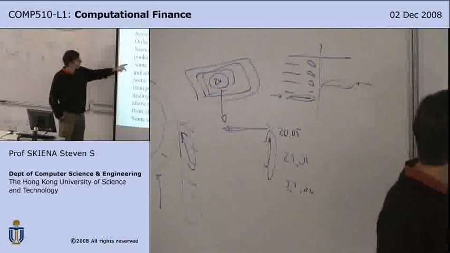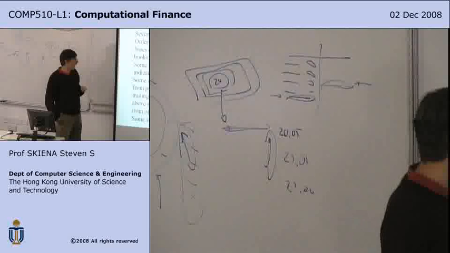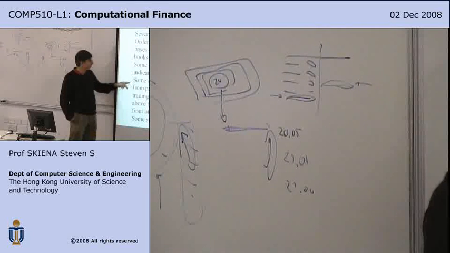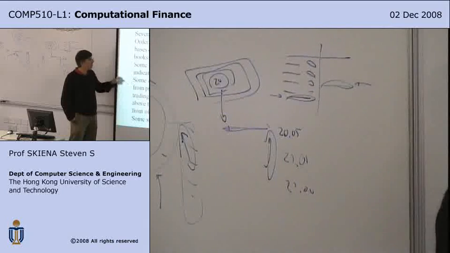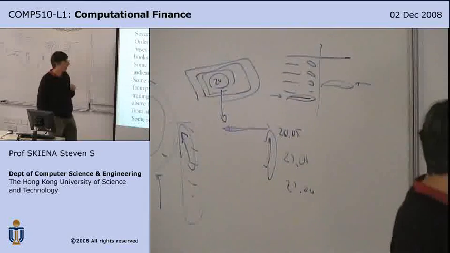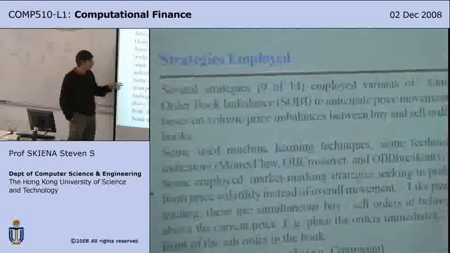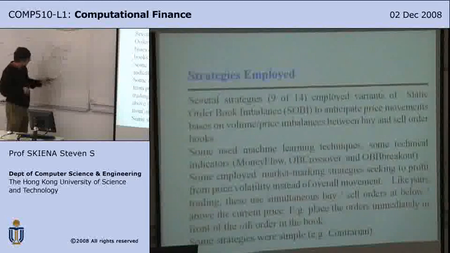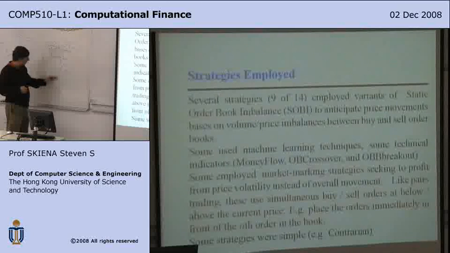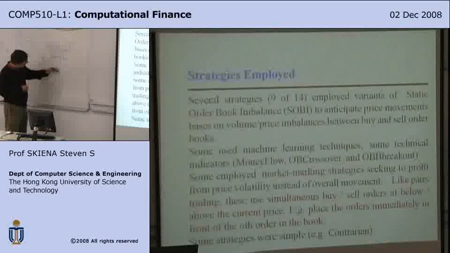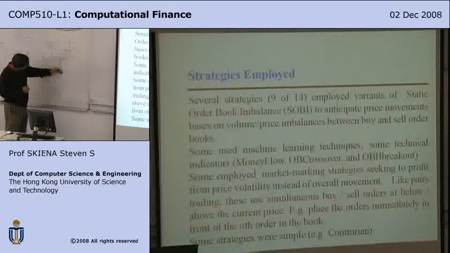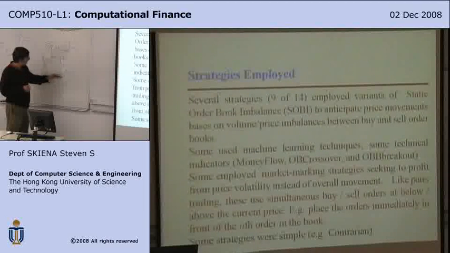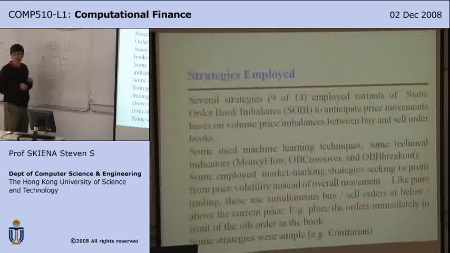Some of them use machine learning techniques, some of them use technical indicators. Another class that was interesting was what we would call the market-making strategies, which were a lot like the pair trading strategies. If we have a current price here, this is the price of our stock, maybe I will agree to sell it if it hits this price, and I will agree to buy it if it hits this price.